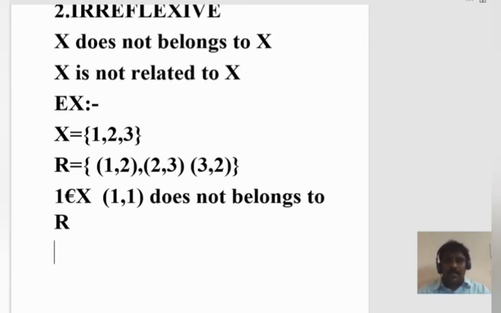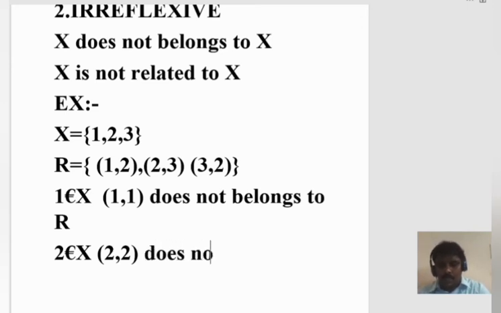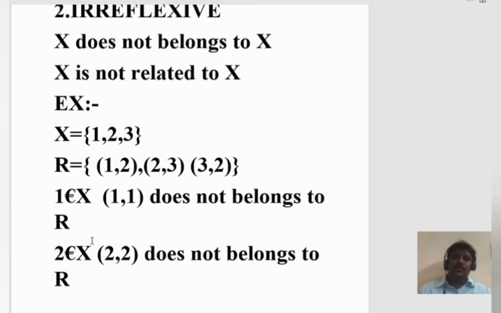Next I take another example. 2 belongs to X. Now if I take (2, 2), this (2, 2) also does not belong to R. So it is irreflexive.